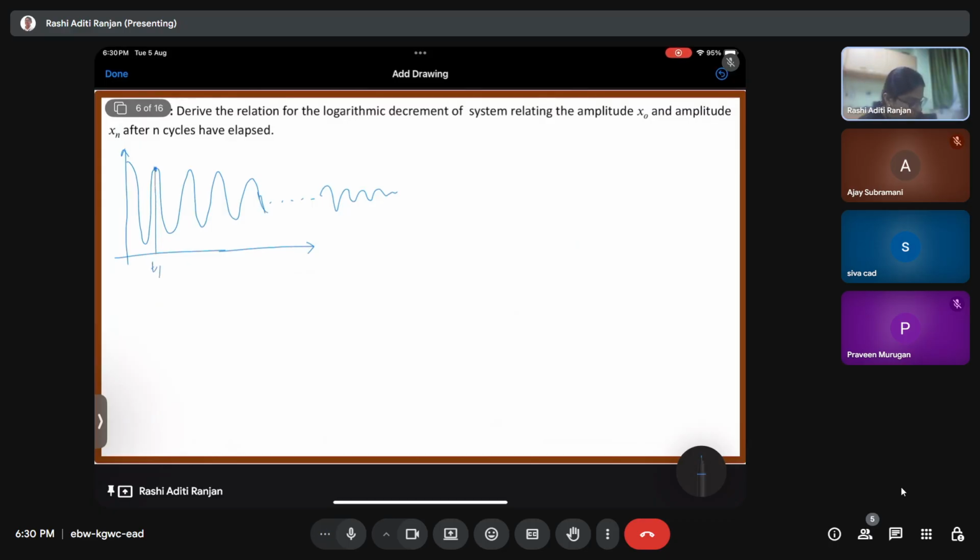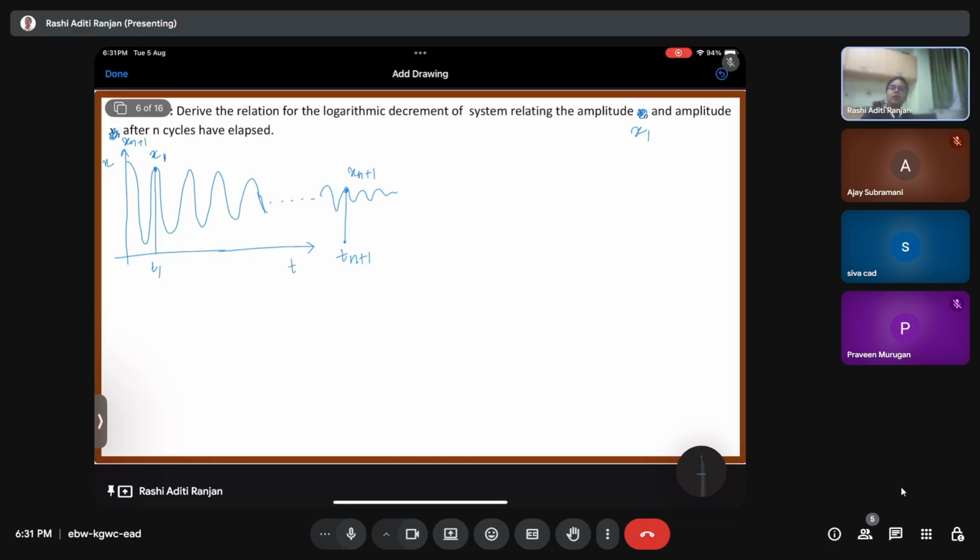Let us say that this is at time t1 and this is x. Okay, x naught and xn. I'll prefer it as x1 and this as xn plus 1 so that it will be easier to relate. So this will be x1 and then we have here at tn plus 1 as xn plus 1. This is the time axis and this is the x-axis.